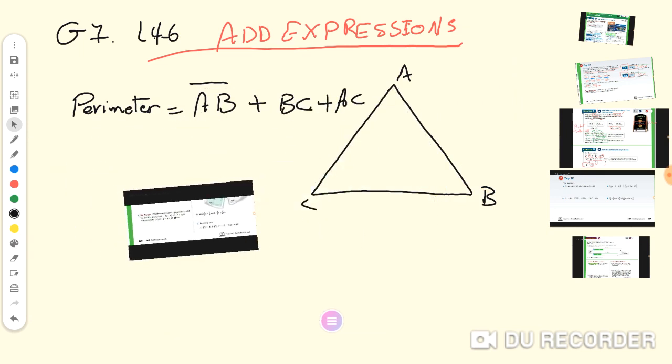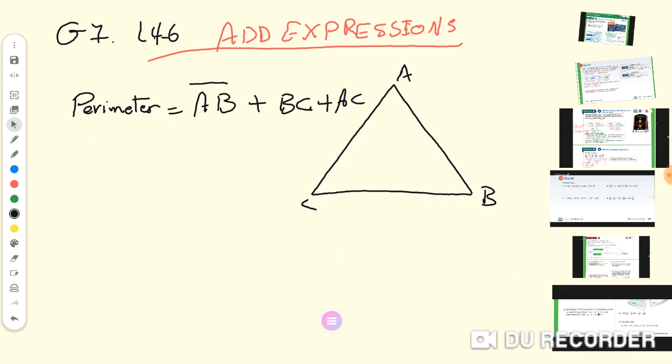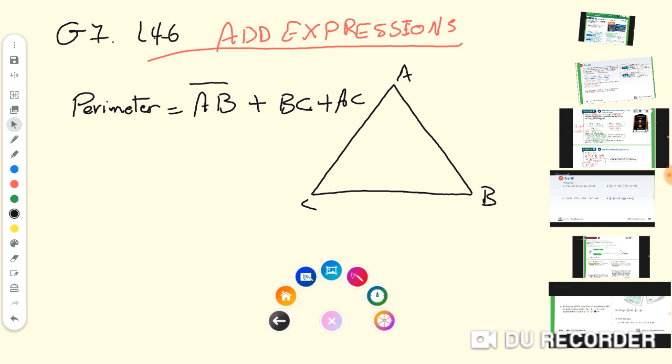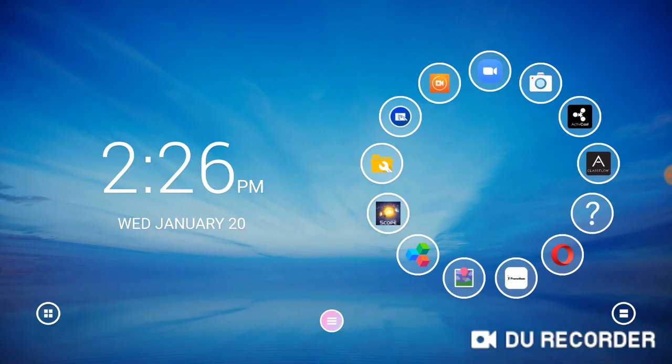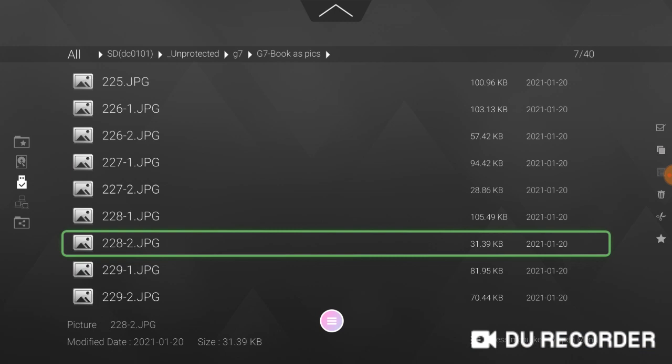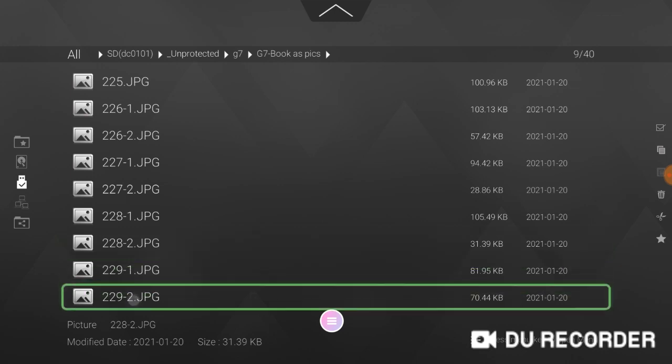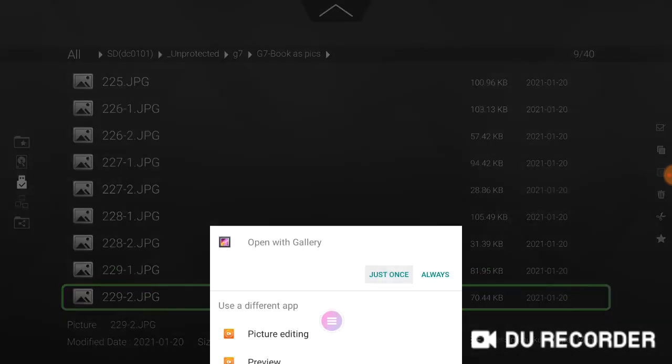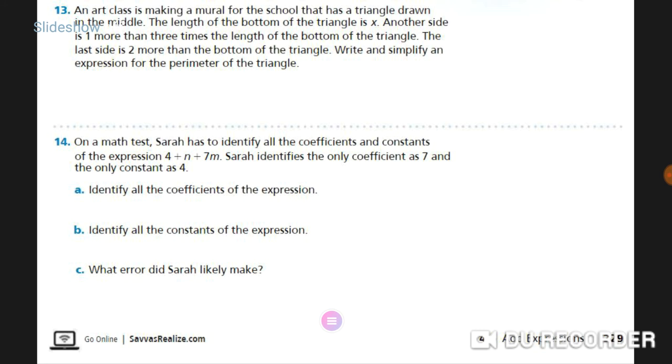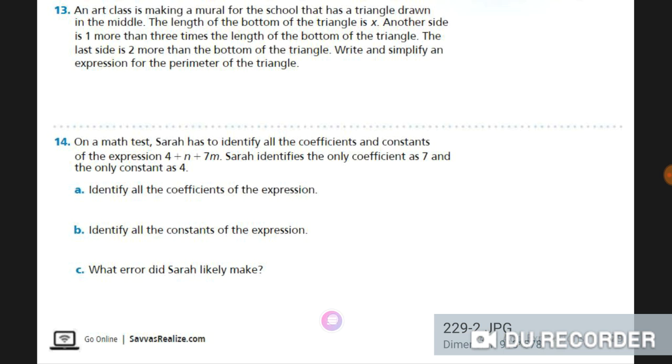I will ask for it. Which page? This page, yes. Yes, it's number 13. The problem is number 13.